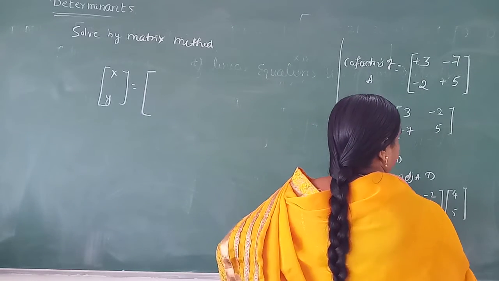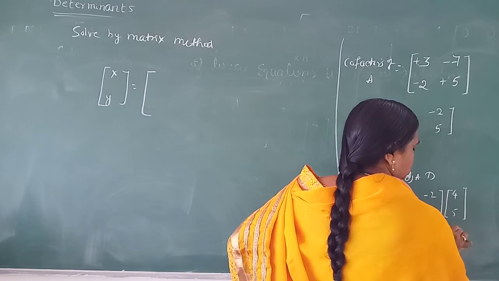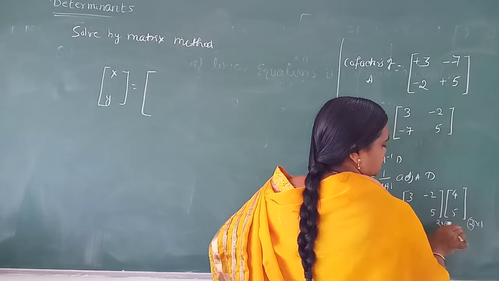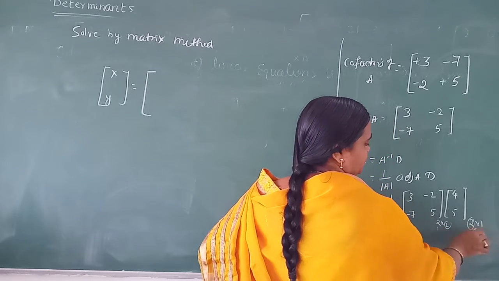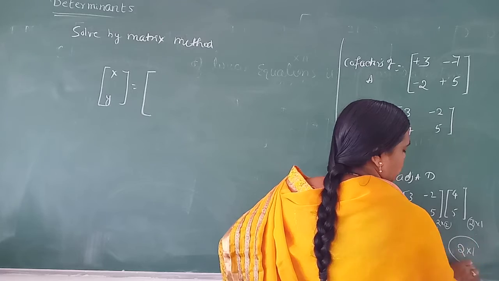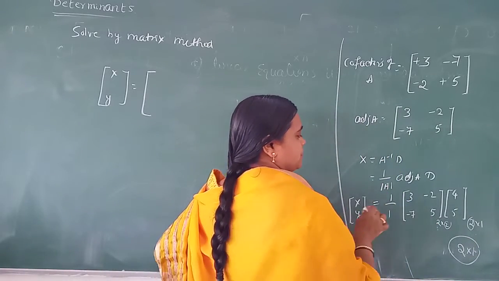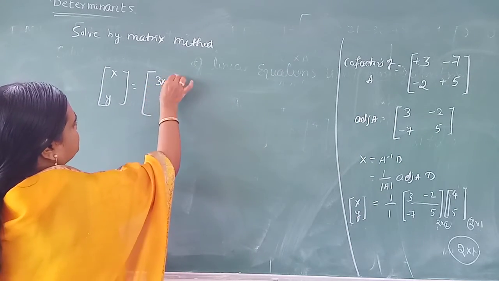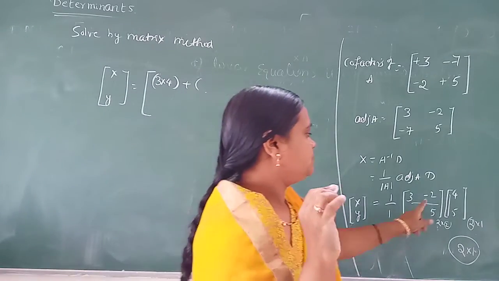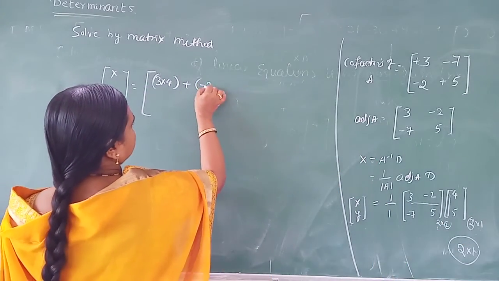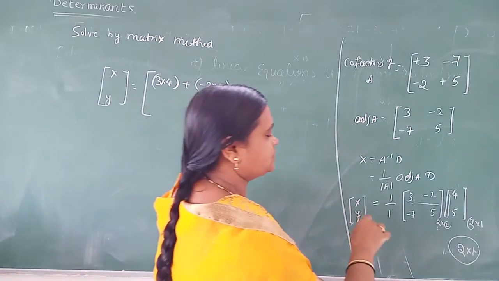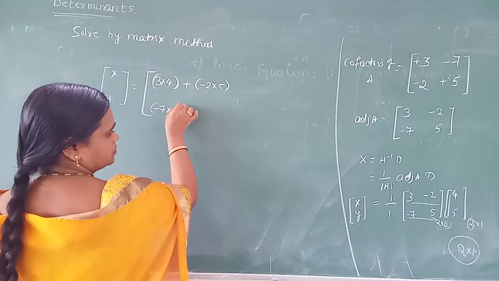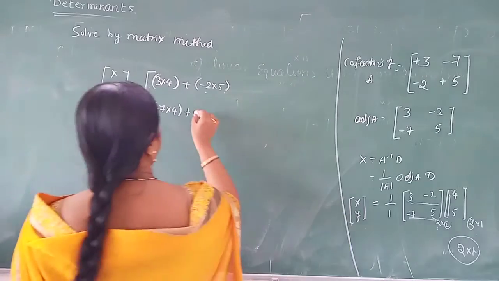Next, apply matrix multiplication. 2 into 2 and this is 2 into 1. First matrix columns and second matrix rows are the same. The resultant matrix we get is 2 into 1: 2 rows and 1 column. Therefore, multiply first row with the first column: 3 into 4 plus minus 2 into 5. Next, second row with the first column: minus 7 into 4 plus 5 into 5.